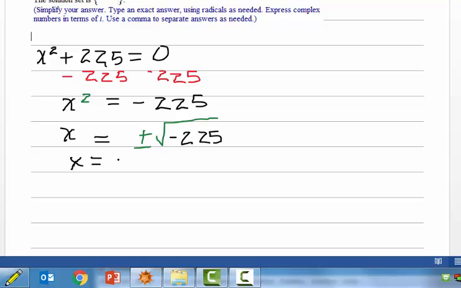So this is plus or minus the square root of 225 times the square root of negative 1. And remember, the square root of negative 1 equals i. So that's our complex unit.